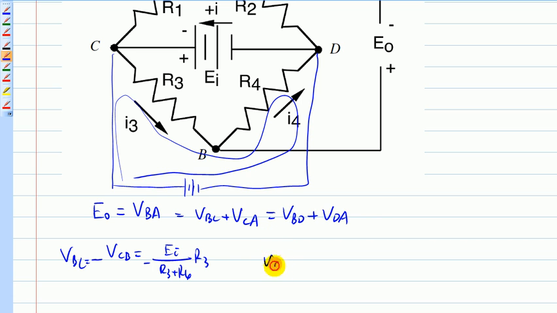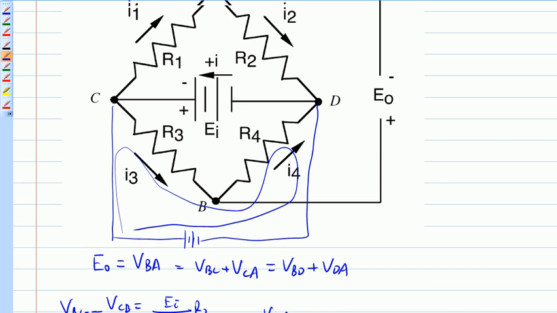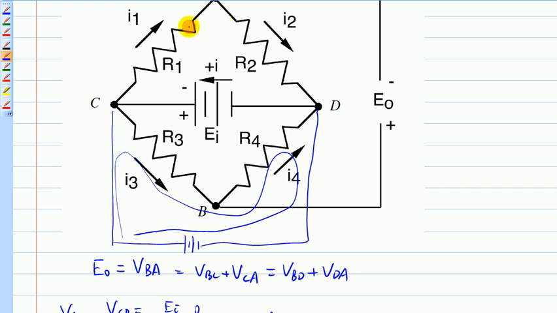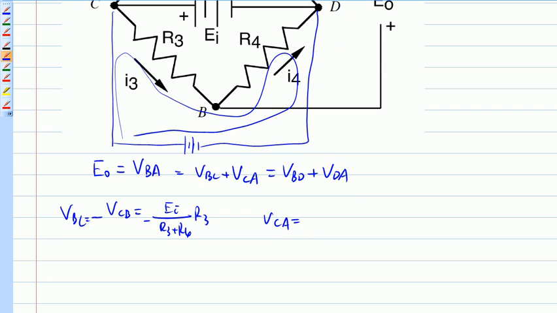And VCA equivalently is the voltage divider based on this branch here, and we're looking at EI divided by R1 plus R2 multiplied by R1, okay? So you substitute this into there, and you'll get VO, you get EO.